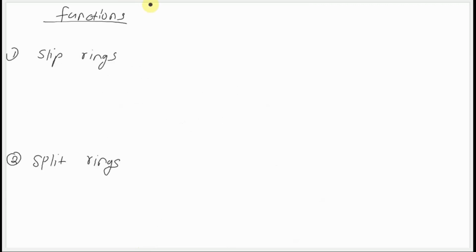Okay, before I move into graphs, let's try to put the functions of these rings in order for you to have a clear understanding of how they are different and what their functions are.